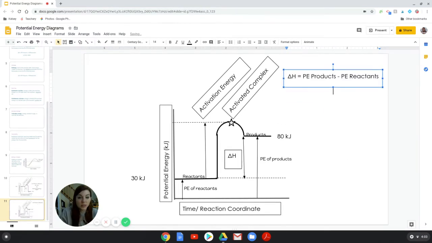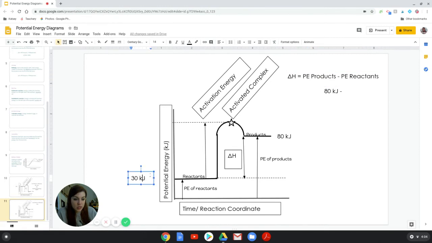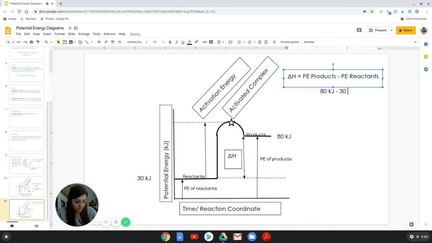So I want to calculate my delta H. Delta H is still going to be my potential energy of the products minus the potential energy of the reactants. In this case, my products are 80 kilojoules, which you can see right here. I can subtract the potential energy of my reactants right here, which is 30 kilojoules.